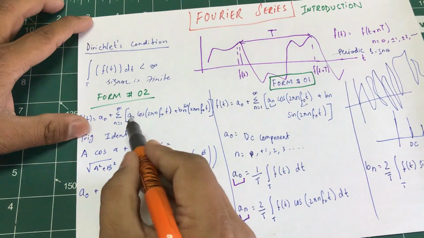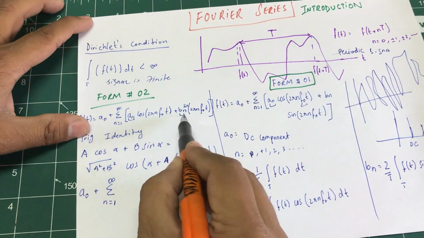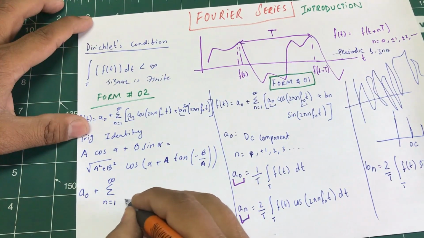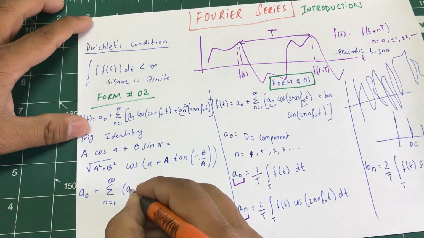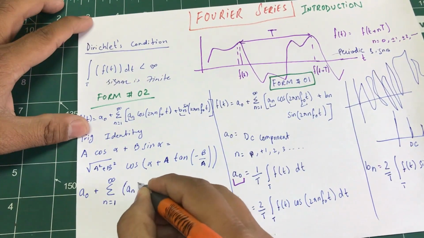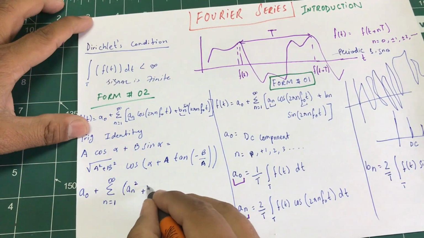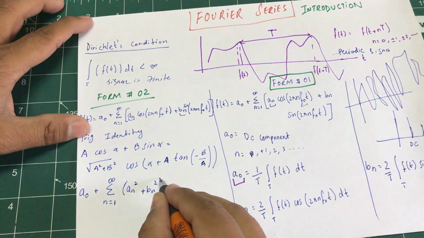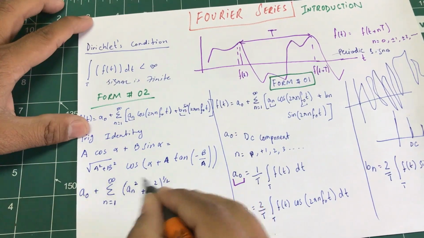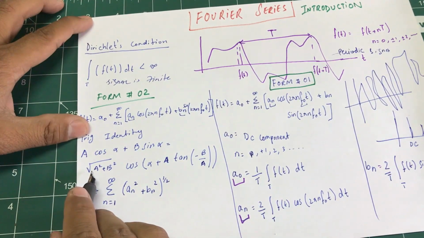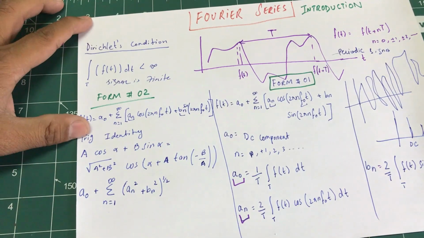A's and b's are going to be my an and bn. So an is just going to be an squared, this is where that squared is coming from, plus bn squared. Whole thing is under root.